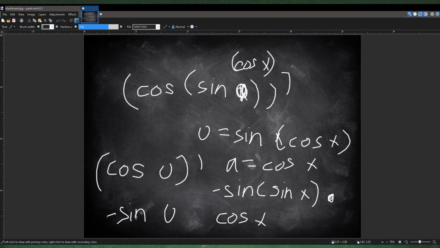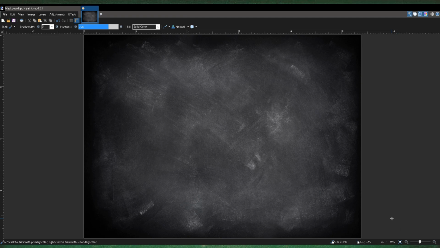You do the derivative of the outside cosine of u, then plug this back into u, then do the derivative of the inside, plug in a, plug a back in, and then do the derivative of that cosine. It's basically just a substitution method. It's the same idea, and if you want to use substitution, it works the same way.